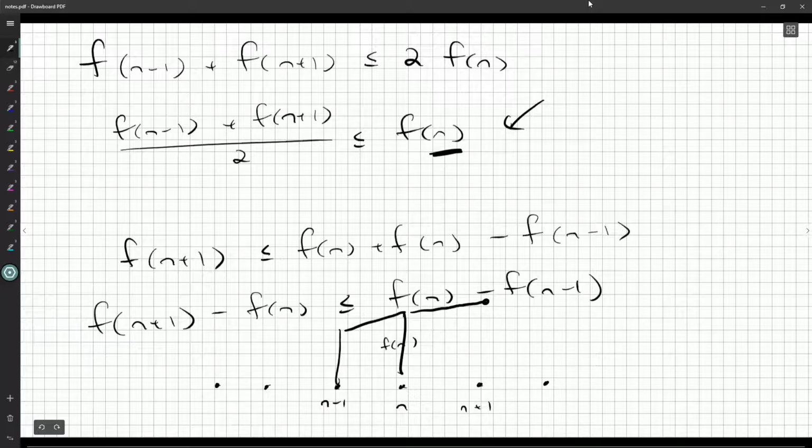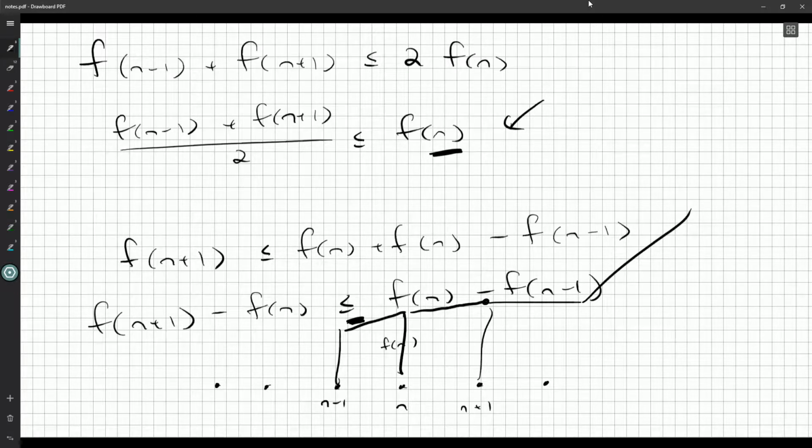The heights are f(n), as if I'm graphing. So we're always leveling off. We're never sharply increasing, because the difference is only ever less than or equal to the previous difference. Okay? So it's important to be able to interpret what you're saying and try to run into problems, try and work things out like that.